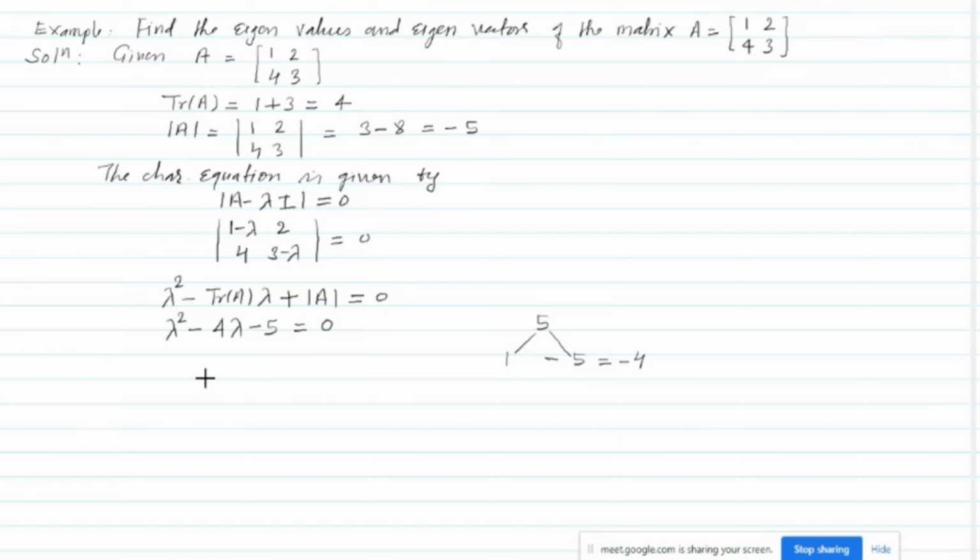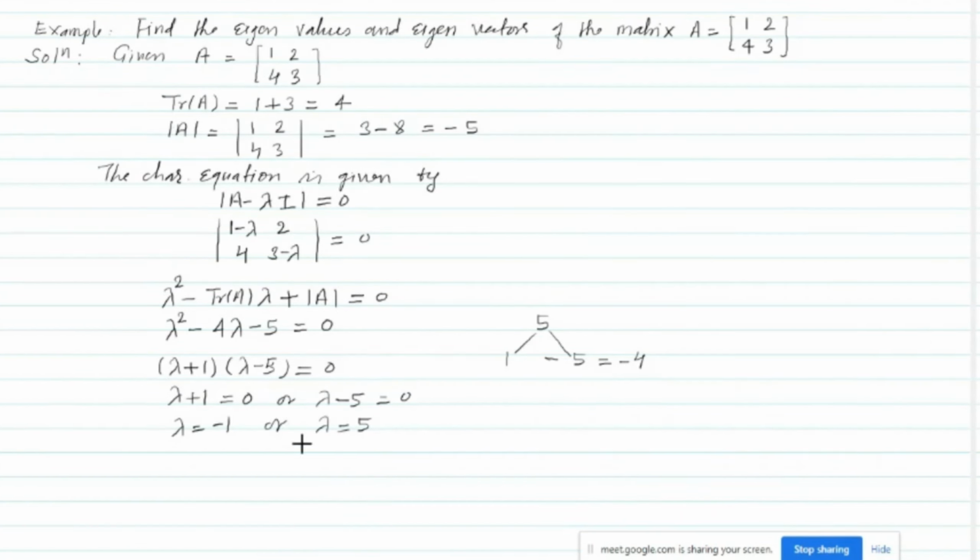Okay, so just write down the two factors: lambda plus 1 into lambda minus 5, and this equals 0. So you'll get lambda plus 1 equal to 0, or lambda minus 5 equal to 0. So from this you'll get lambda equal to minus 1, or lambda equal to plus 5.